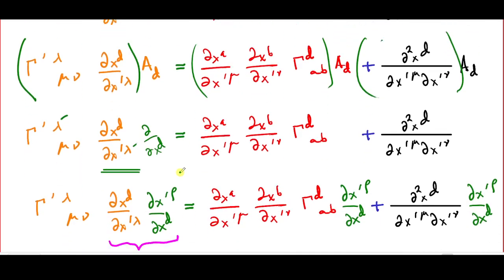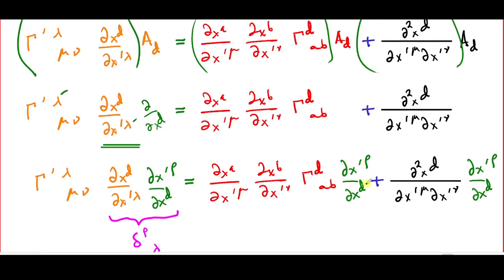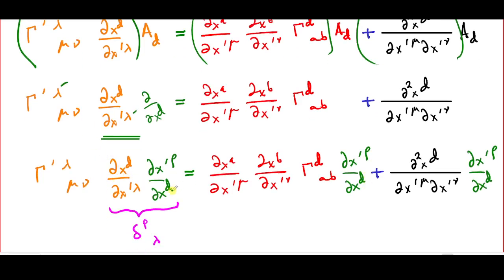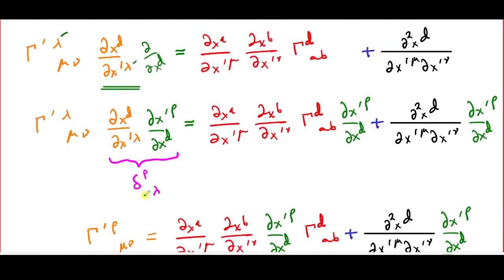So we multiply both sides by del xd of x prime rho. We do it on both sides. And here, of course, when you combine these together and sum up over d, you get delta of rho lambda.